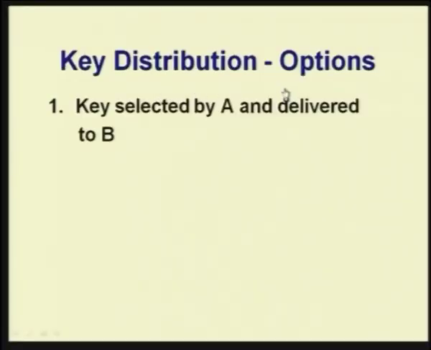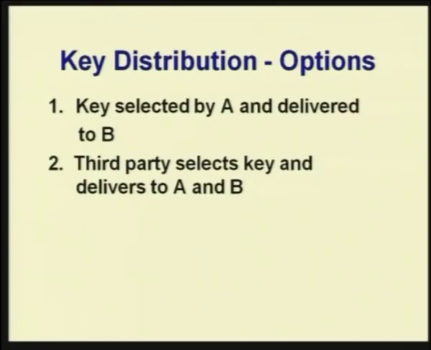So, what are the options that we have for key distribution? One is that a key is selected by A and delivered to B. So, A has to find some mechanism by which it is able to deliver the key to B. It may be through some other manual channel or through some other secret channel. Second is that you have a third party which selects the key and delivers the key to A and B. This is another option that we have.